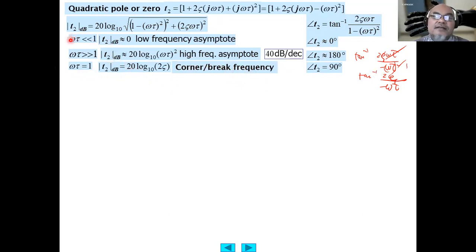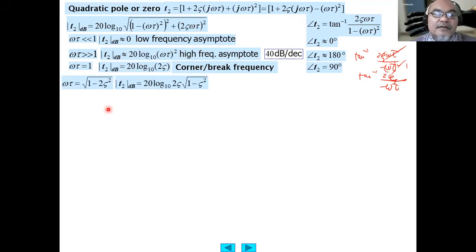So at very low frequency, the low frequency asymptote is 0, while at high frequency the asymptote increases with 40 decibel per decade. At the corner or break frequency, it is this constant, 20 log 2 zeta. The peak omega tau will be the square root of 1 minus 2 zeta squared, where zeta is the damping ratio.